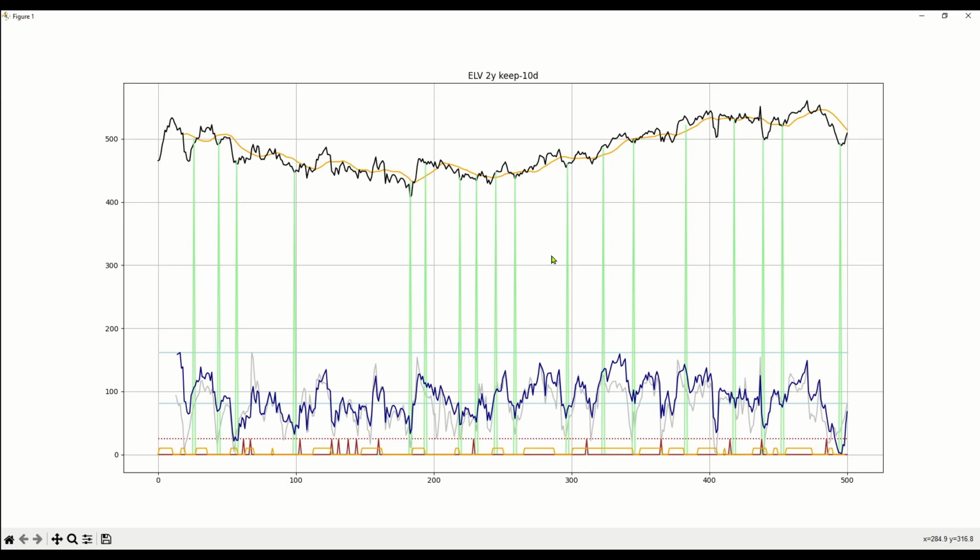Mostly the green ones fail in this one. I will check the market cap for you. Market cap is 117 billion.